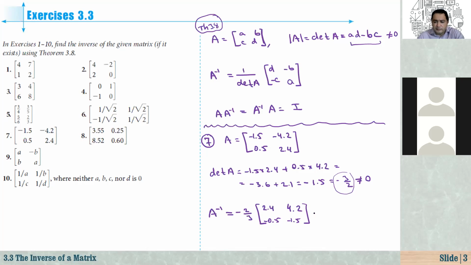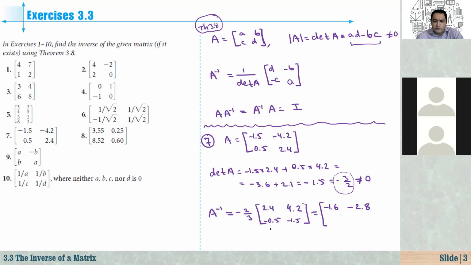Now, if I simplify this, bring this number inside the matrix, let's write it as a matrix here. Minus 2 over 3 times 2.4, that is 0.8 times 2, that is minus 1.6. And here 4.2 divided by 3 is 1.4 times 2, that is minus 2.8.